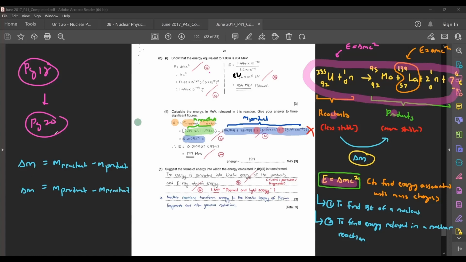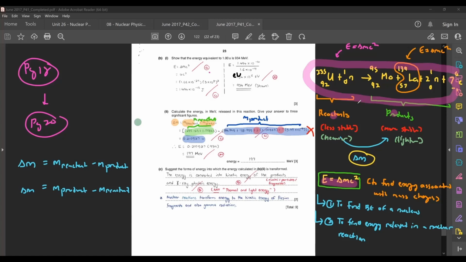In my case, I already know, with some foresight, that this one is heavier and this one is lighter, because energy is released here, so some mass has been lost.